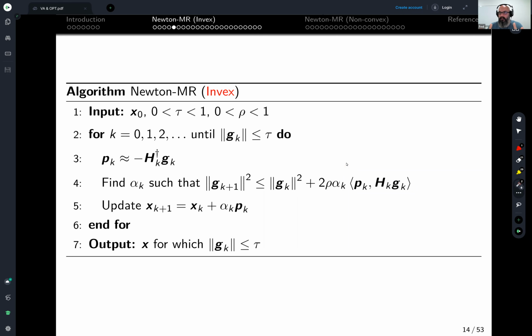Instead of looking at the linear system, let's look at the linear least squares problem, apply MINRES to it, get a direction at every iteration, chug it into an Armijo type line search, but a line search in terms of the norm of the gradient instead of the objective function, take a step size and so on and so forth, and move along until the gradient is small enough.